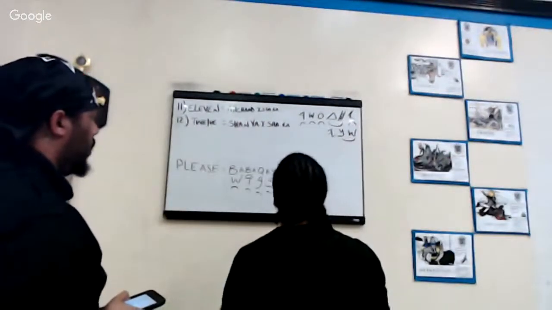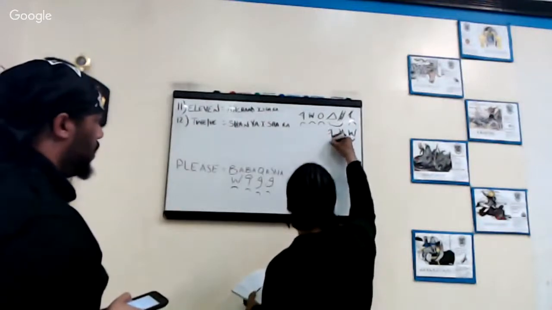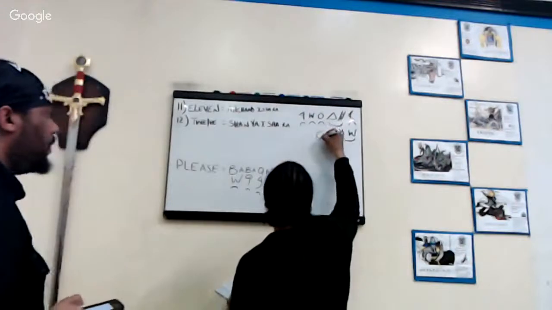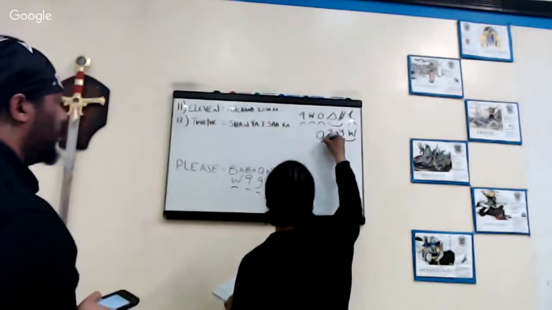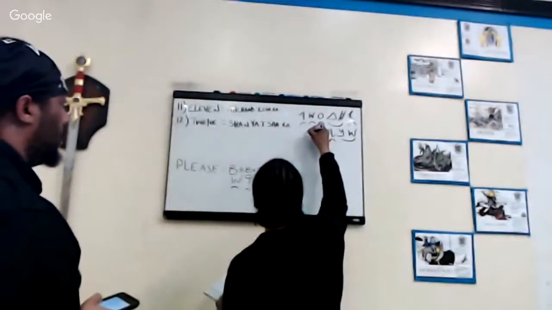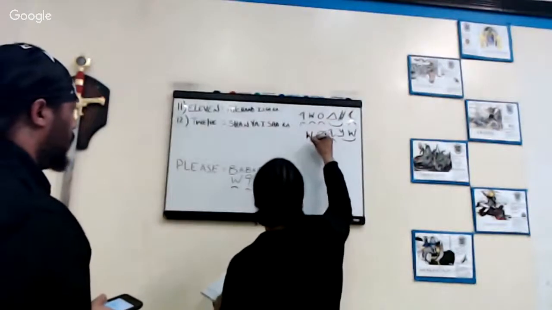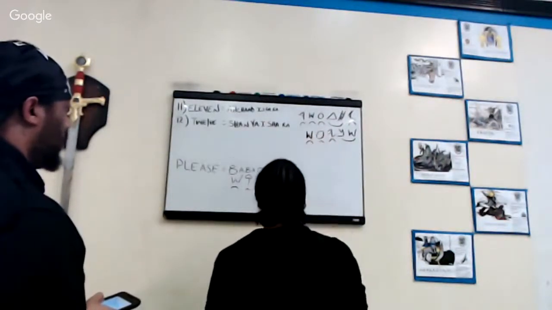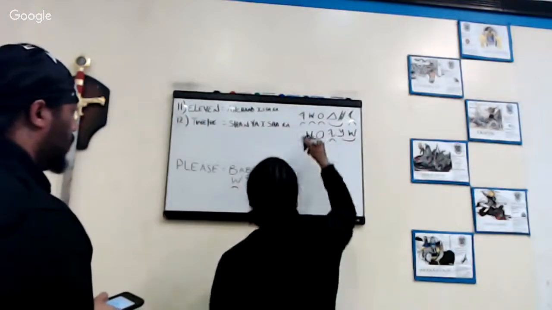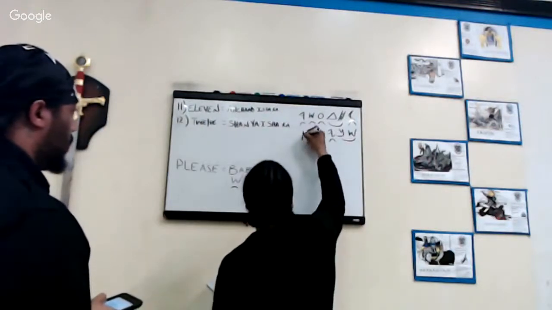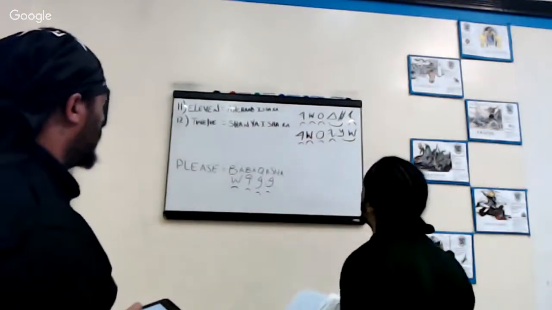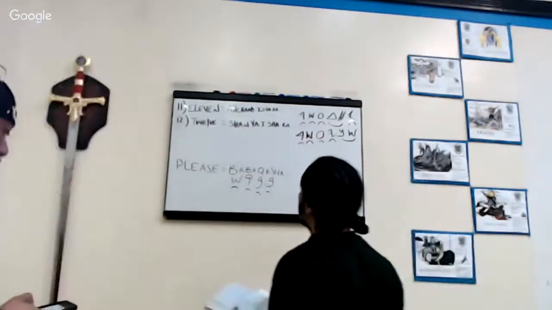And what are you doing with the Ya? Ya. Right. Okay. Ra. Good. Number 13.